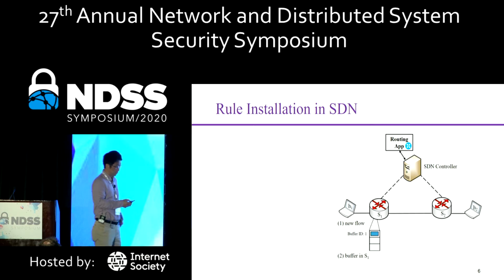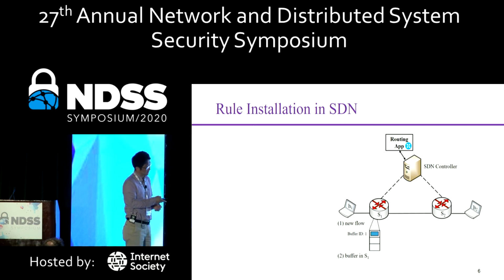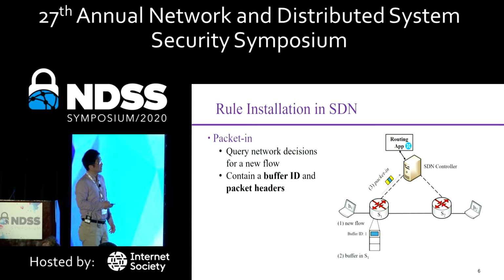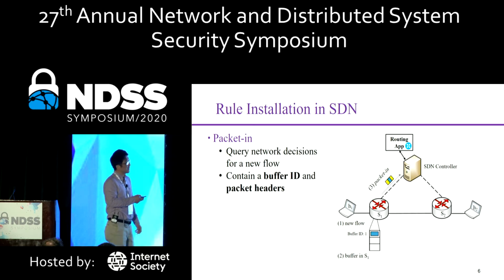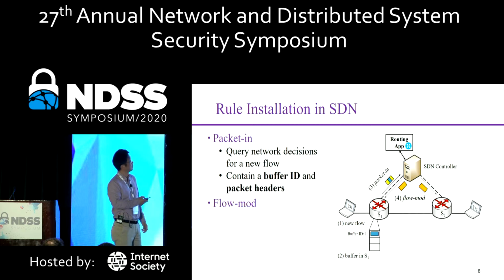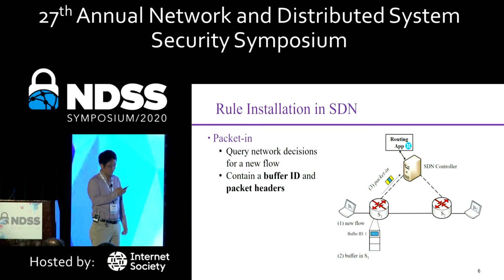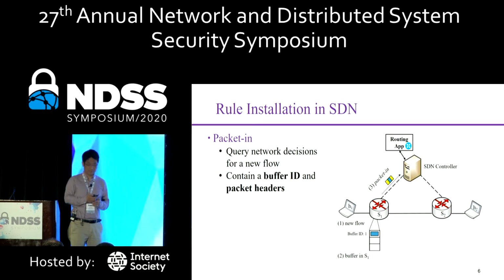So it will buffer this first packet in a local buffer area and give it a buffer ID. Then it will send a packet-in message to the centralized controller. This packet-in message contains two pieces of information: the buffer ID and the packet header, instead of the entire packet.